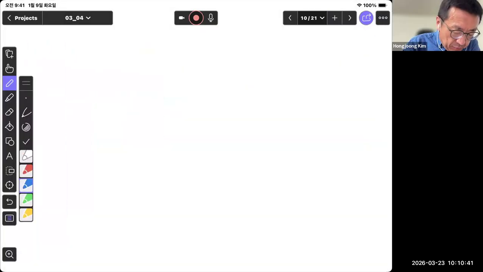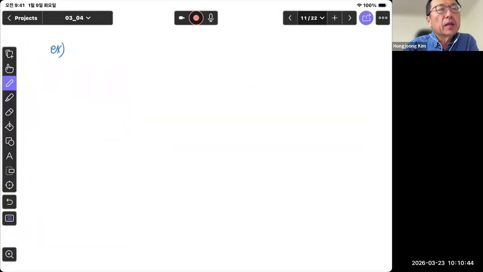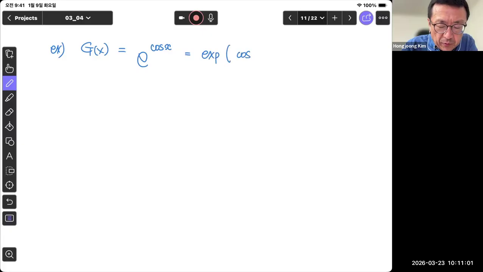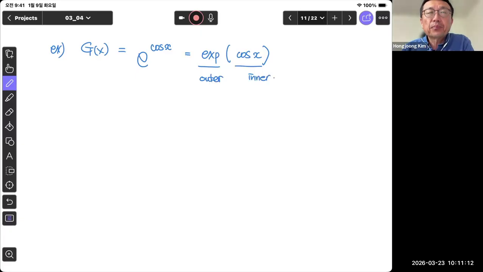Another example, if I have, say, g of x defined by e to the cosine x, then that is the composite of the exponential function and the cosine function. The exponential function is the outer function and the cosine function is the inner function, as you can easily check. So the derivative of this g of x will be the derivative of the outer function.